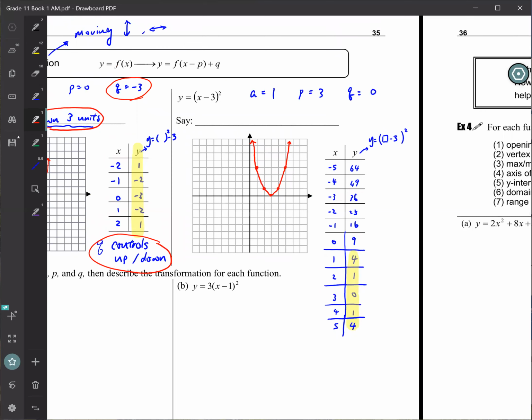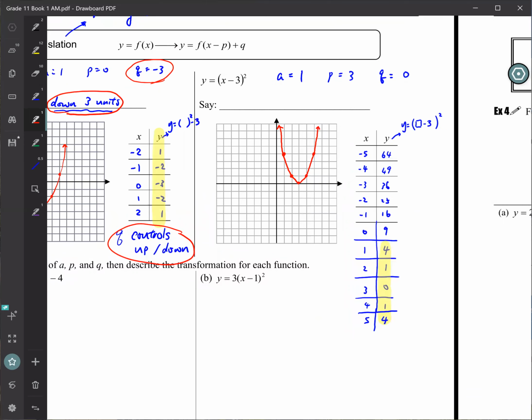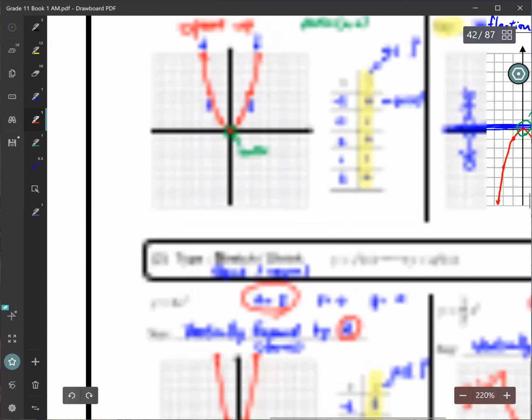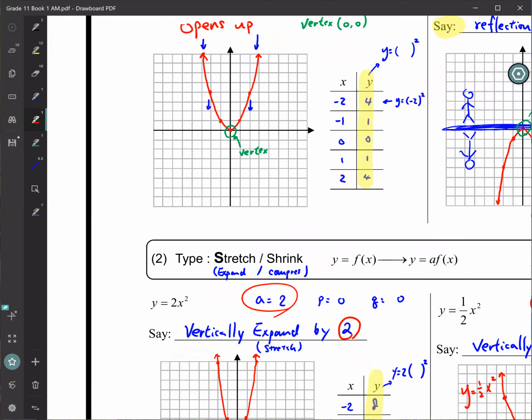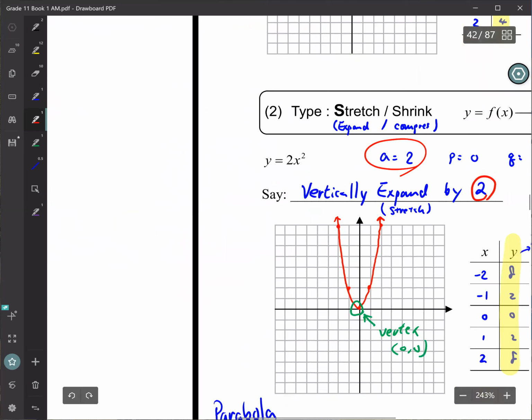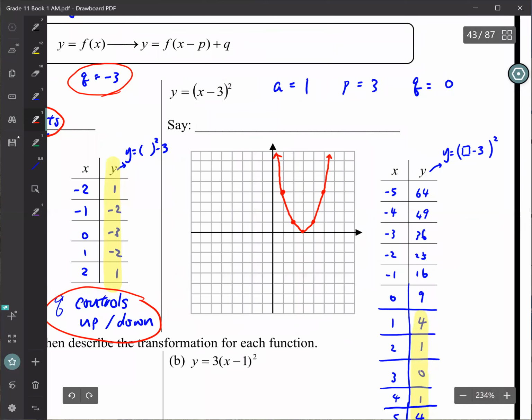I would like you guys to try to see what happens if you choose different directions. So you can see this graph is being shifted to the right side instead of left. So take a look. The original is at the center, 0, 0. And now the vertex for this one, let's circle that.